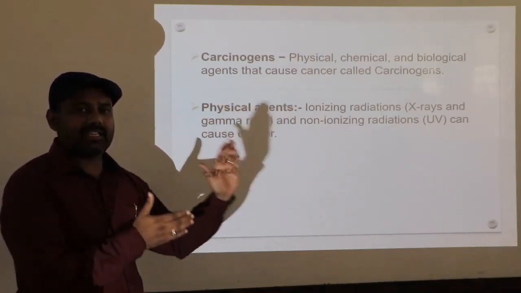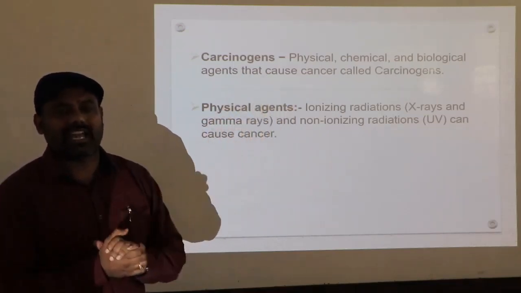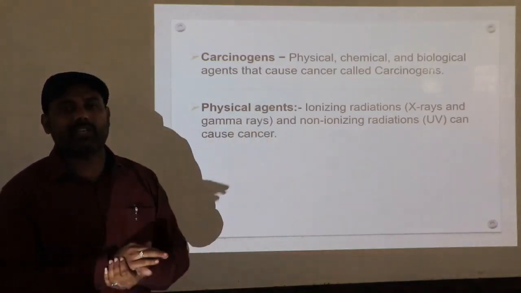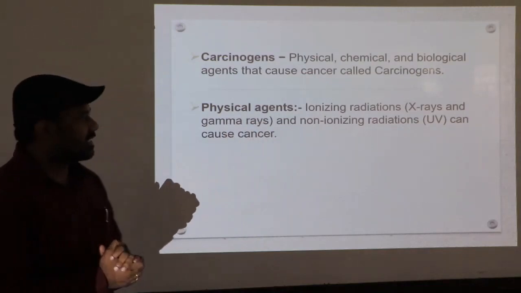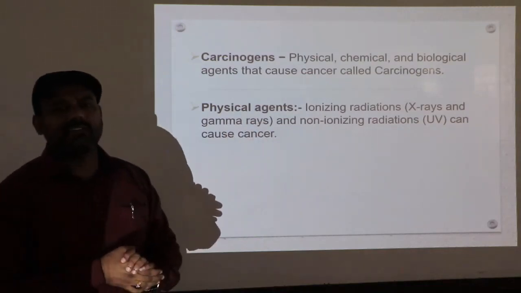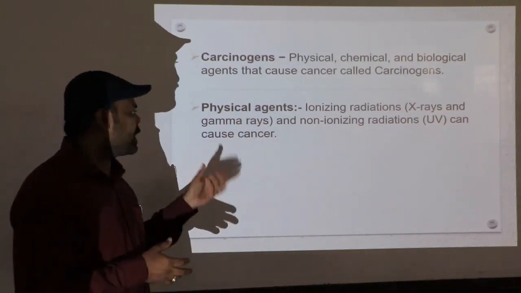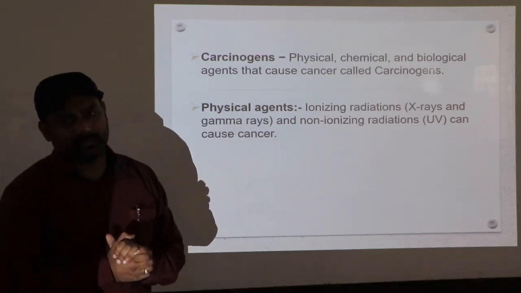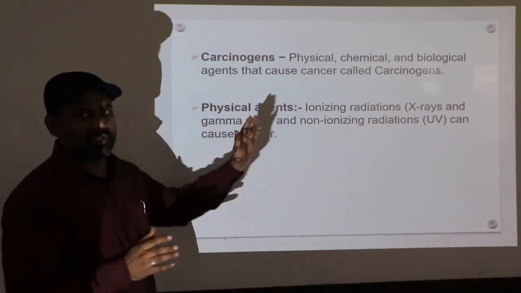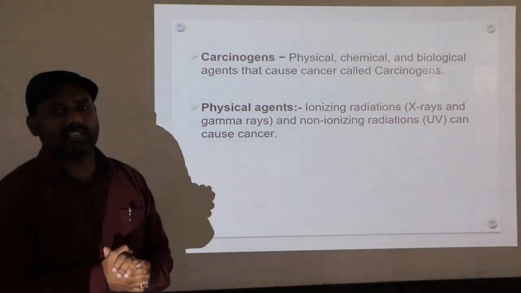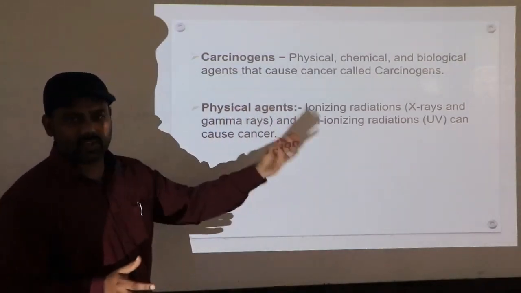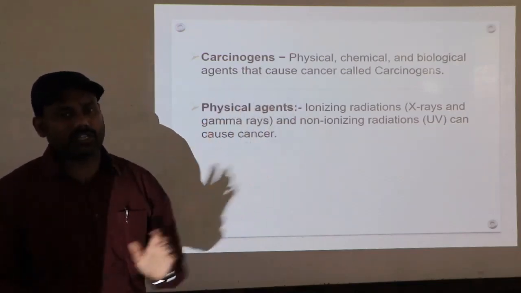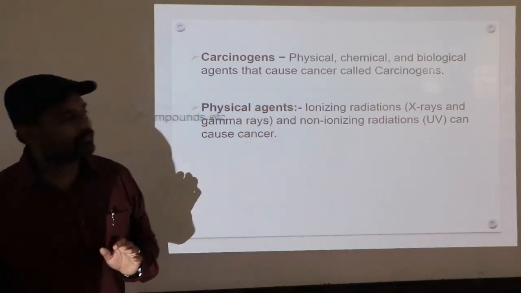These X-rays and gamma rays can cause cancer, which may simply be called skin cancer, isn't it? And one more is non-ionizing radiations, simply called UV radiations. Those UV radiations also cause cancer. Clear? So those ionizing and non-ionizing radiations can cause cancer, so they are called physical agents or physical carcinogens. I hope you understand.